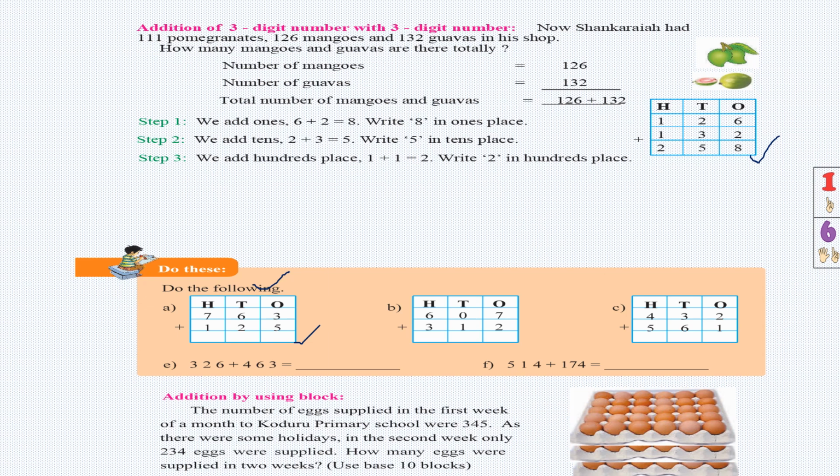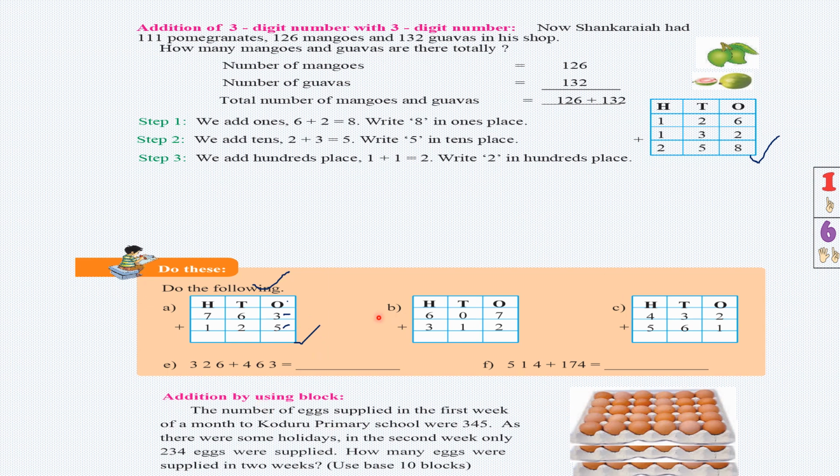Okay. So now add 763 and 125. So what is step 1 we have to do? Step 1 we have to start with ones, correct? So in ones it is 3 and it is 5. The basic thing I told you, always keep the bigger number in mind, correct? So what is the bigger number over here? 5 is the bigger number and 3 is the smaller number.